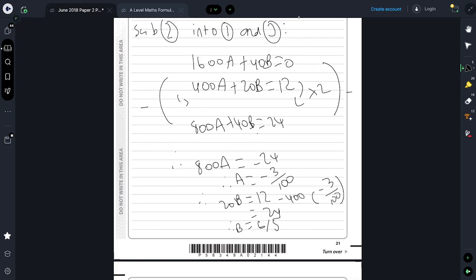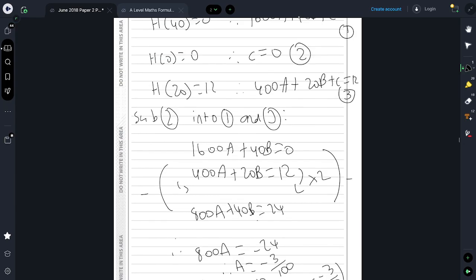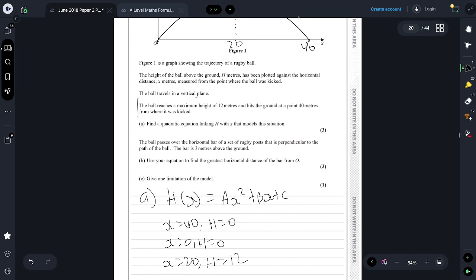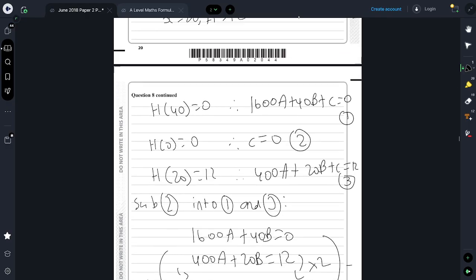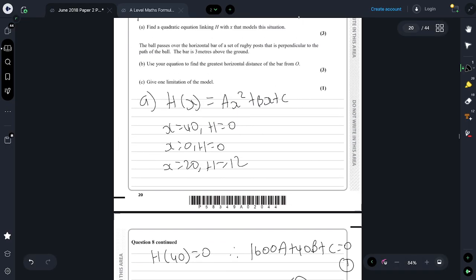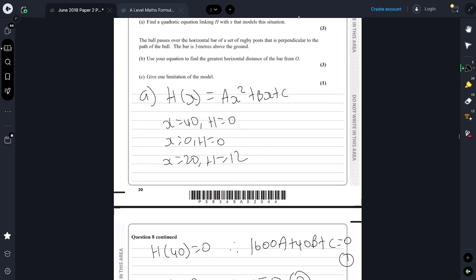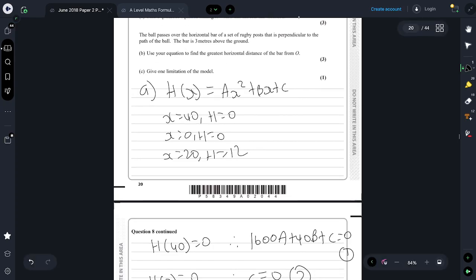So you get a mark for finding that C is 0 and getting all the equations. You get a mark if you did it this way, which I think is the best way. In my opinion, the way they did it originally is very unintuitive. I think this is the best way.